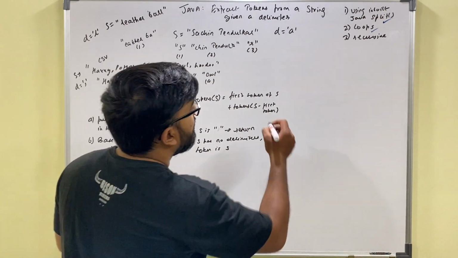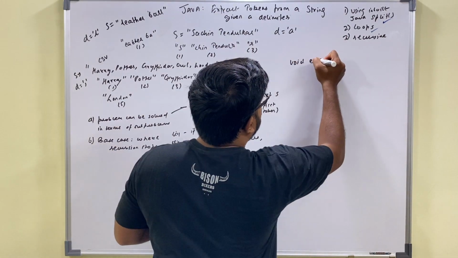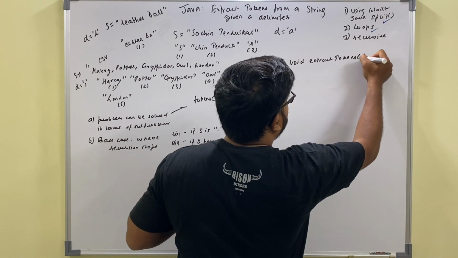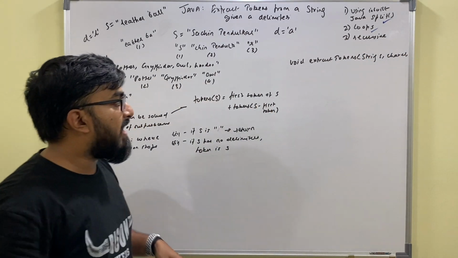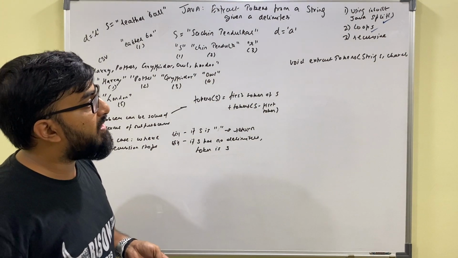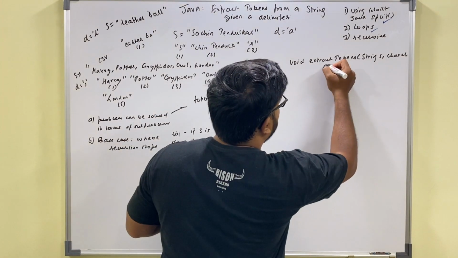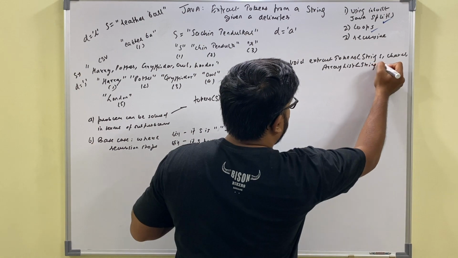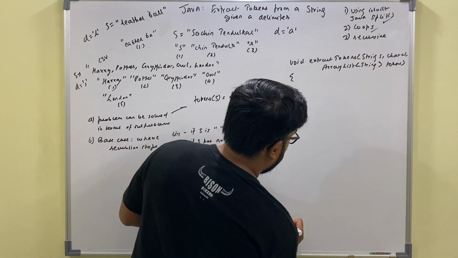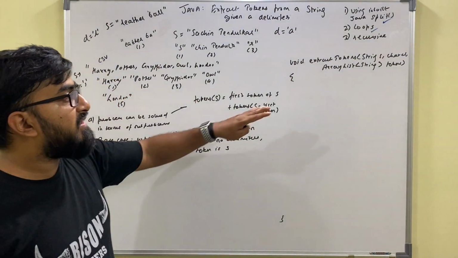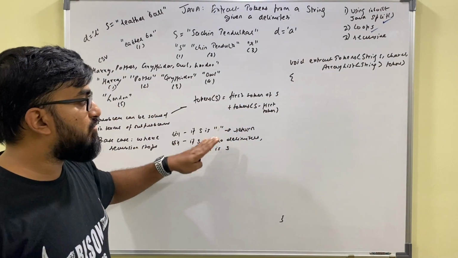So I'm going to say void extract tokens, which takes a string s, a character delimiter d, and again I need some way to store my tokens, so I'll take an array list of type string, which is my tokens. Now this function is going to be recursive following these 2 ideas.